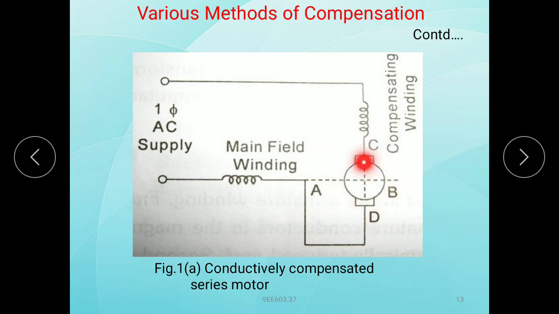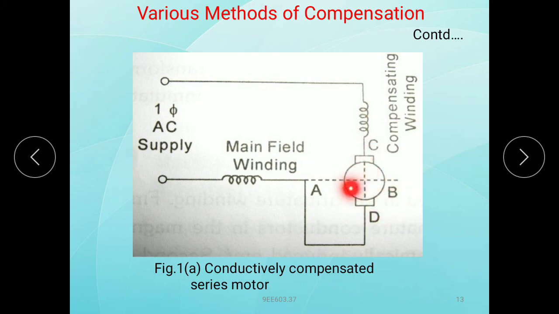The armature flux direction is along CD. The compensating winding produces flux opposite to the armature flux. Why?